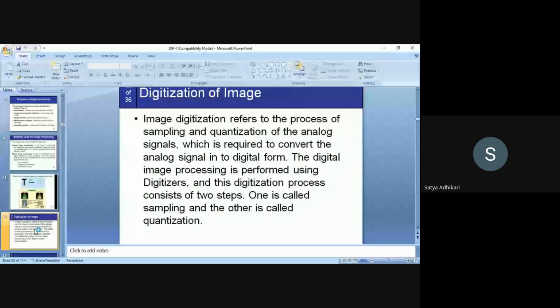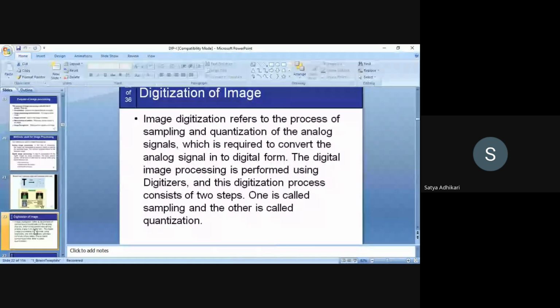The digital image process is performed using a digitizer, and the digitalization process consists of two steps. One is called sampling, another is quantization. So let us discuss what is sampling and what is quantization.